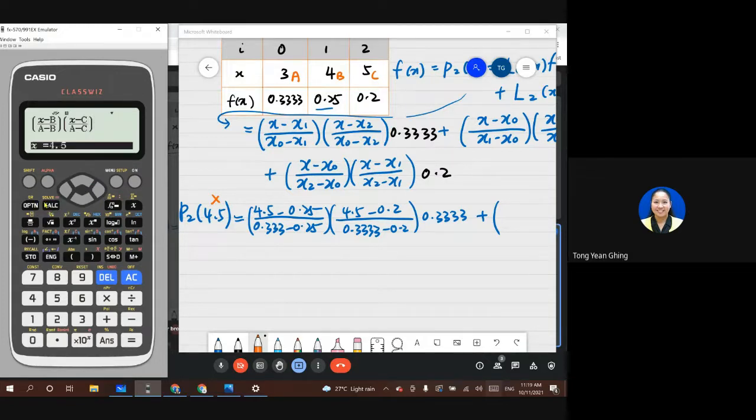So I will calculate, start with x equal to 4.5, and then the value of b is 4. Then the value of c, b is 4, a is 0.3333, and then c is 0.2.